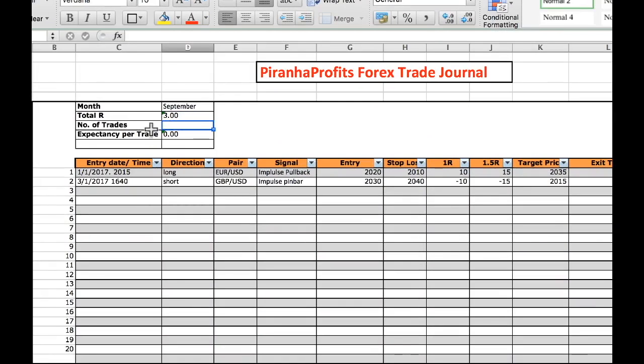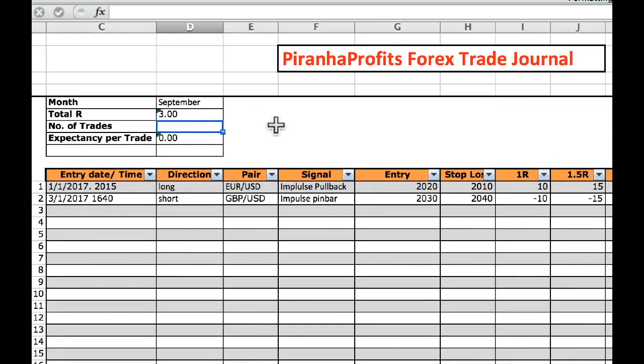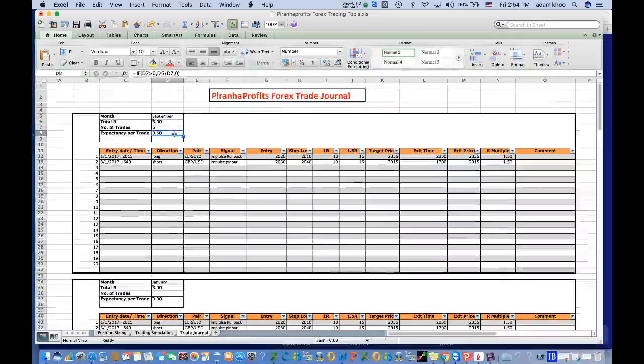You're going to key in the number of trades. So let's say you get 3 R out of 5 trades. So your expectancy is 0.6. Your expected profit per trade is your total R divided by the number of trades. So that means on average, each trade you get 0.6. Make sense?